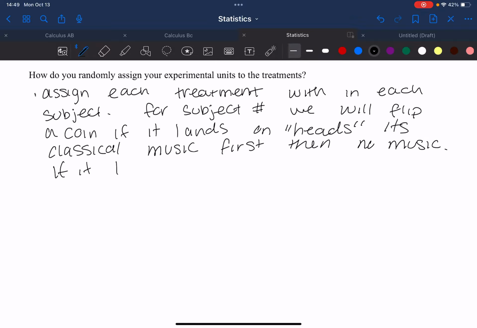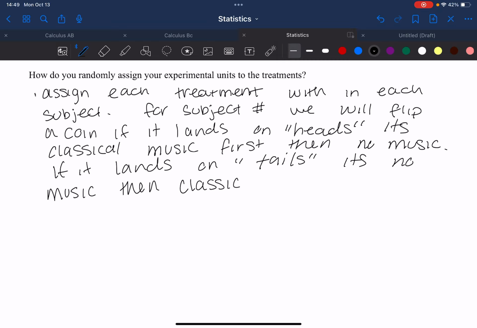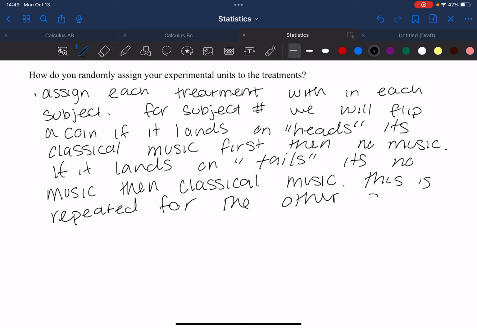If it lands on tails, it's no music, then classical music. This is repeated for the other 29 subjects.